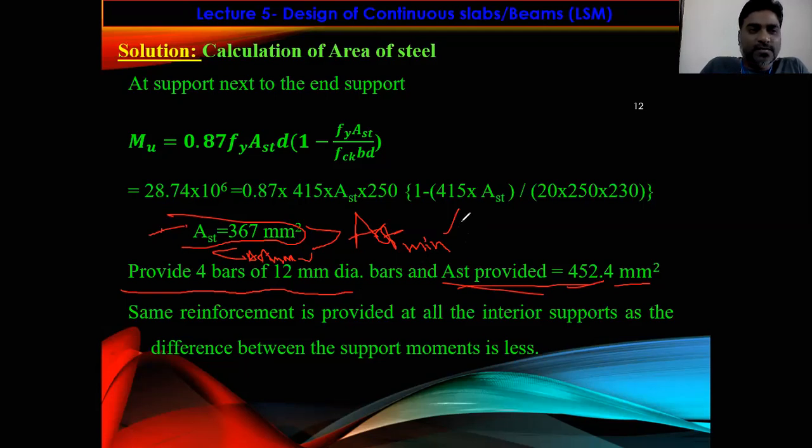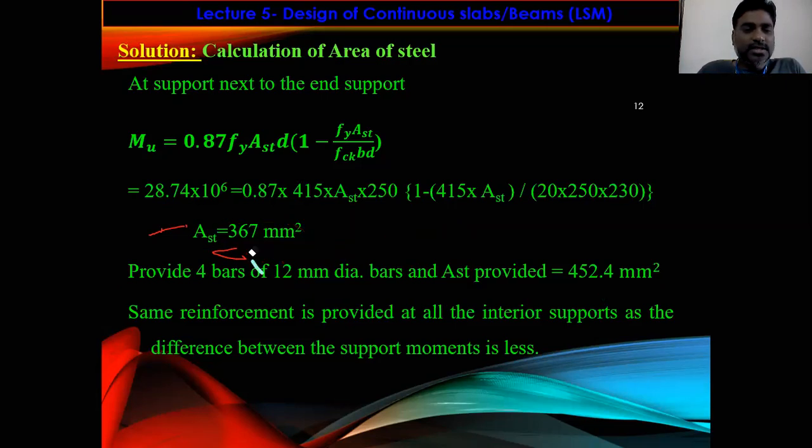As per IS 456:2000, your AST required should be greater than AST minimum and less than AST maximum. For this case, it is greater than AST minimum and less than AST maximum, so I can provide this much reinforcement. Calculations are not shown, but I have done it.